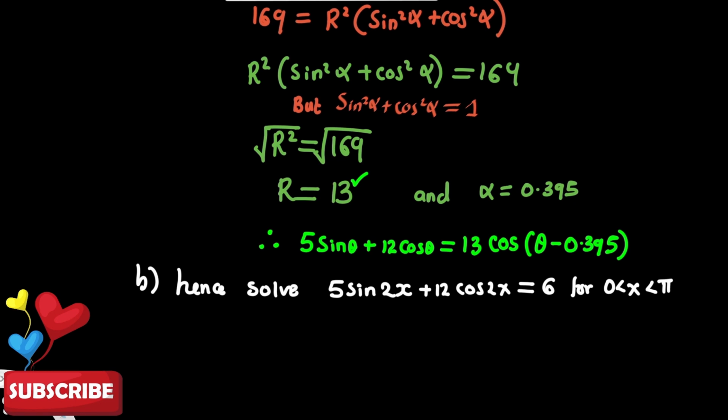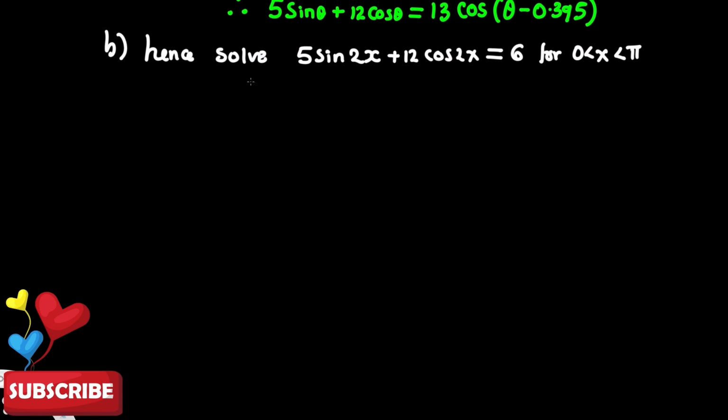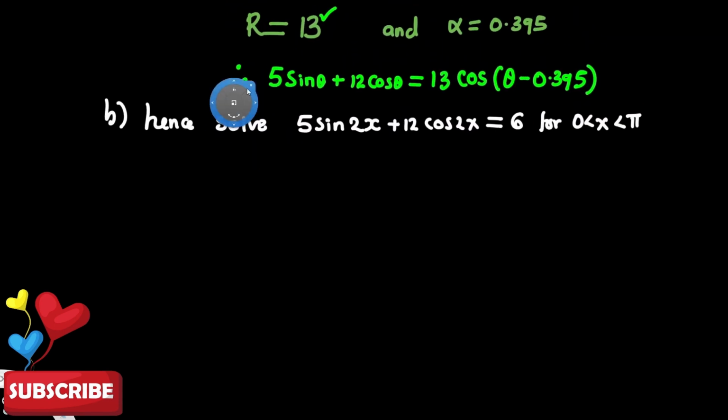All right, so let us move on and see what we are expected to do here. We can write this equation on the left-hand side in part B. 5 sine 2x plus 12 cos 2x can be replaced with whatever we had obtained in the previous question, but theta will be replaced with 2x.